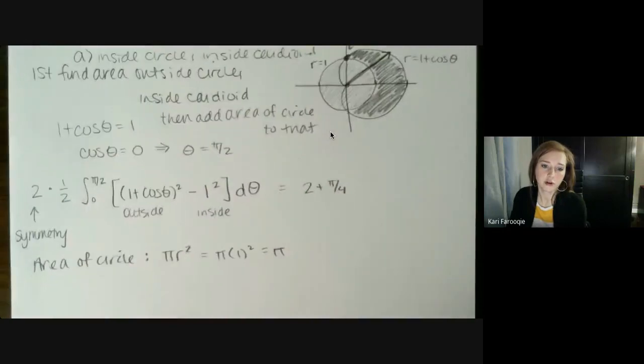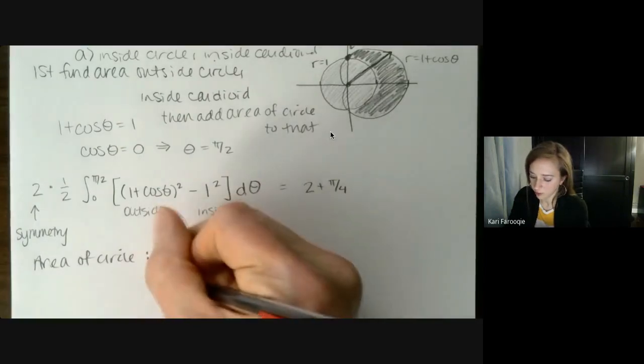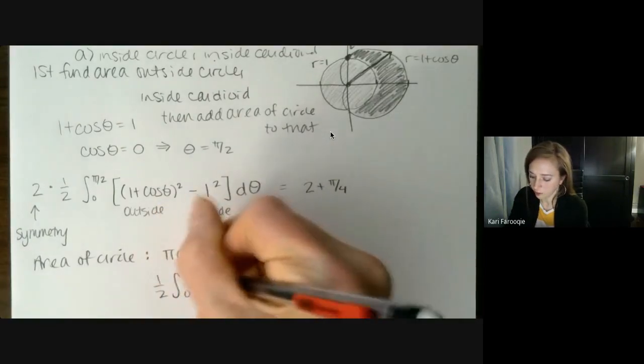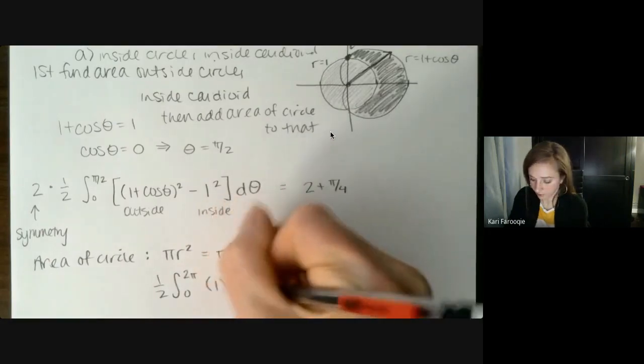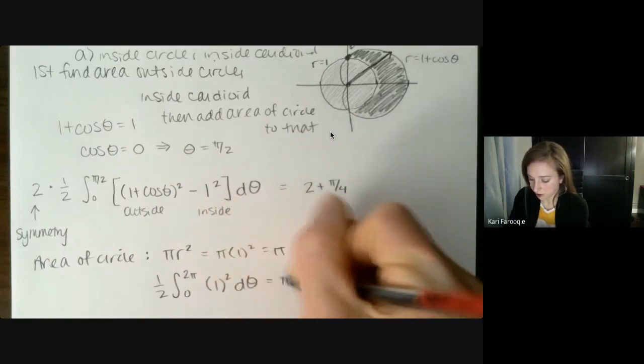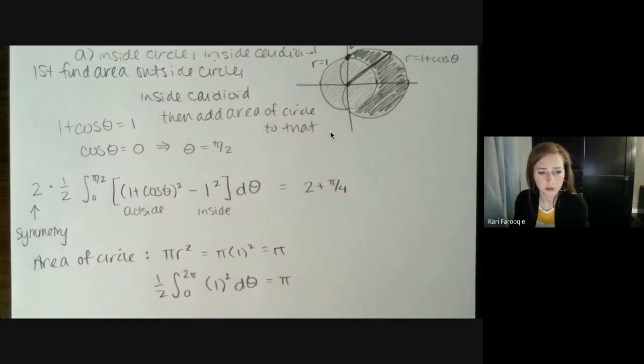If you weren't sure how to do that using geometry because you're such a calculus robot right now, the area of your circle is going to be 1/2 times the integral from 0 to 2 pi of 1 squared d theta. You'll still get pi. It's just a slightly more complicated way of getting there.